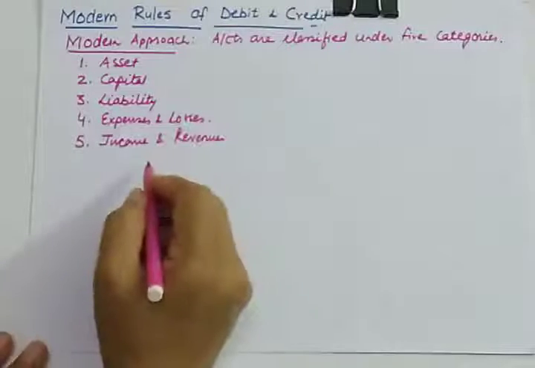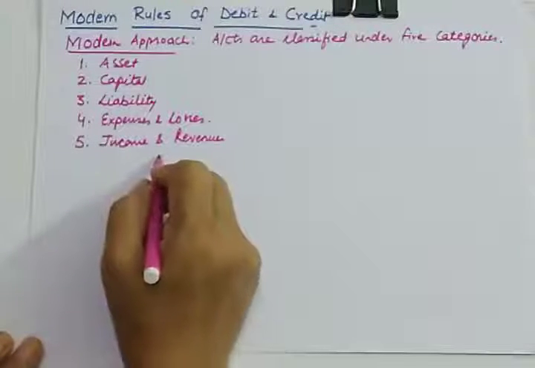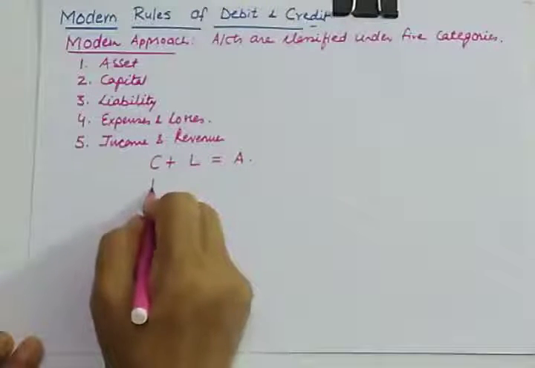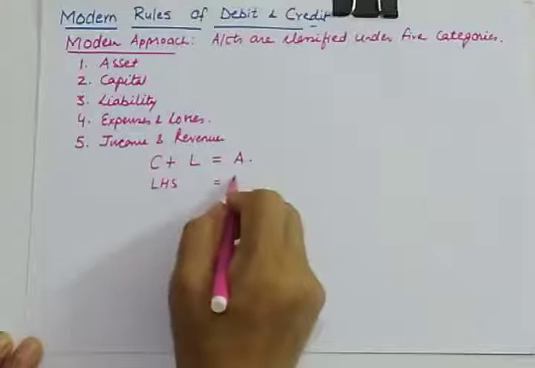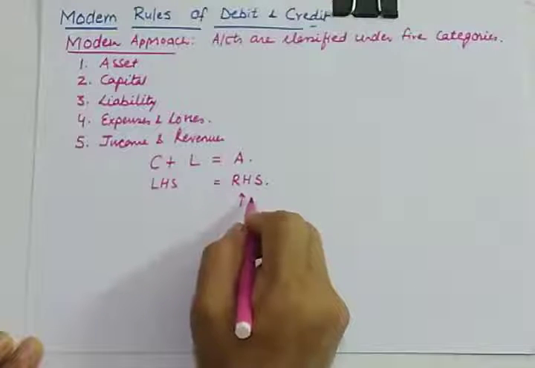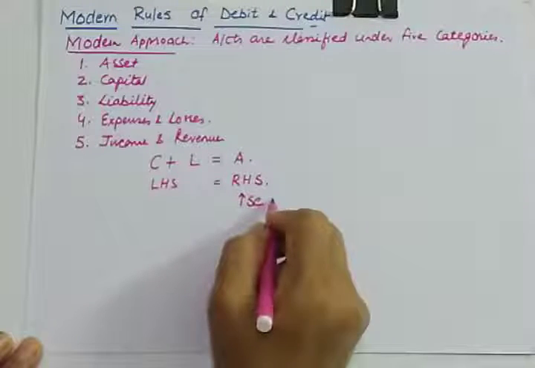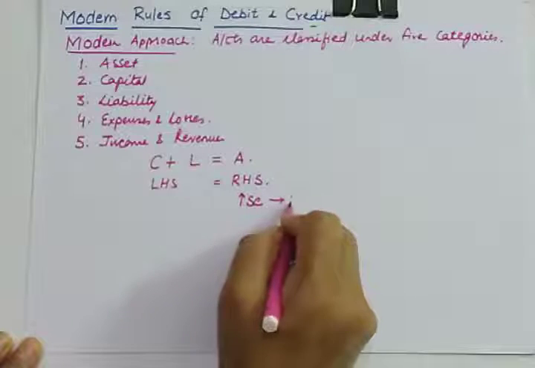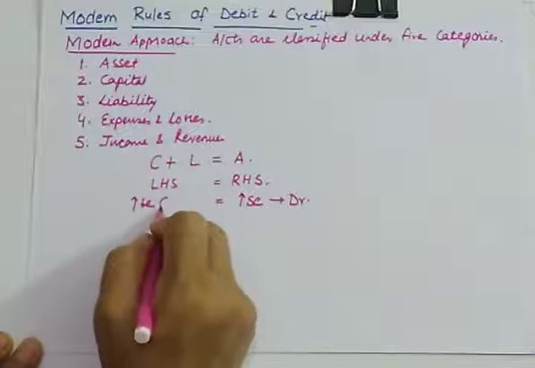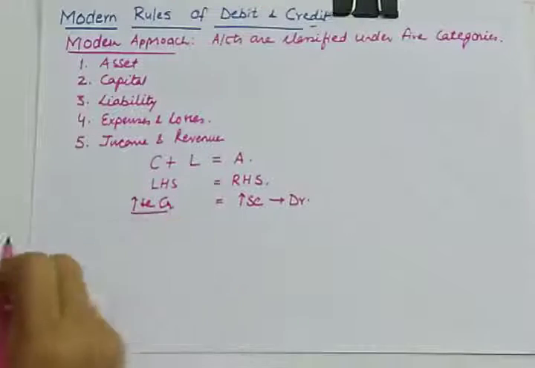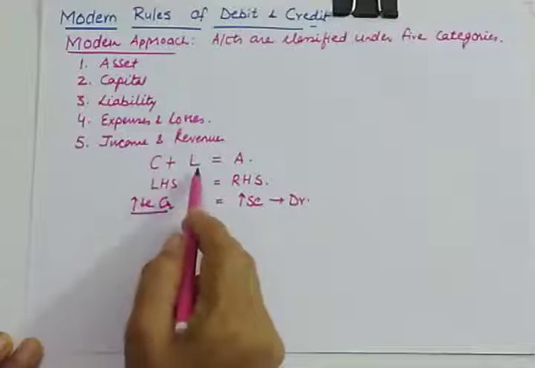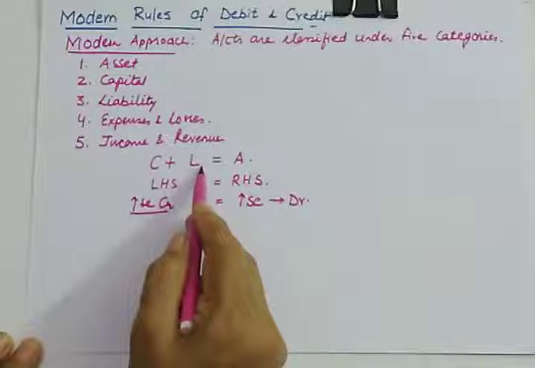If you see the details of the accounting equation, we know that this accounting equation always holds true. So the left hand side is always equal to the right hand side. If I am taking an increase in the right hand side as debit, then obviously the increase in this side will be credit. This is known as the liability side because this is your internal liabilities and this is your external liabilities.